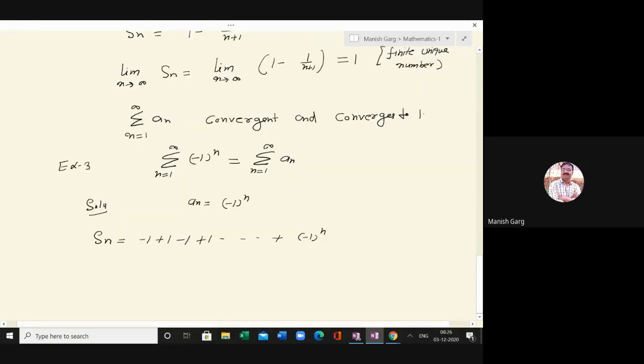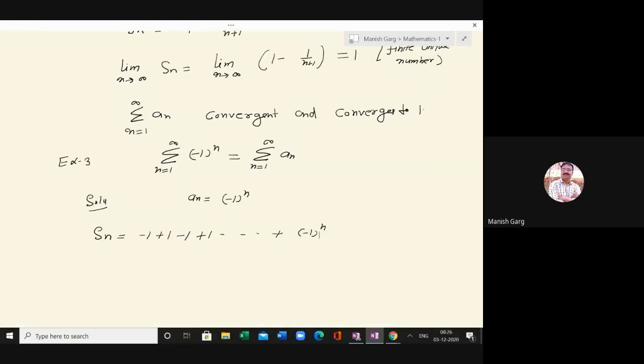So here if you take n even and odd, it gives you different results. What can you say about Sn? If n is odd, what will it be? N is odd, so it will give you minus 1.